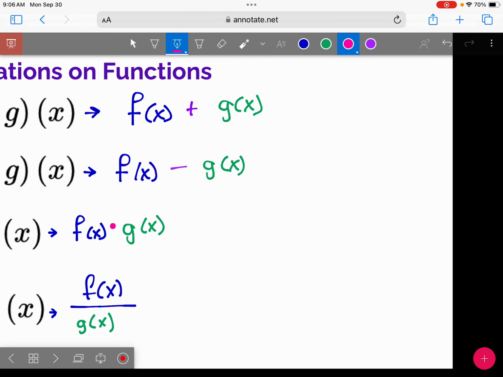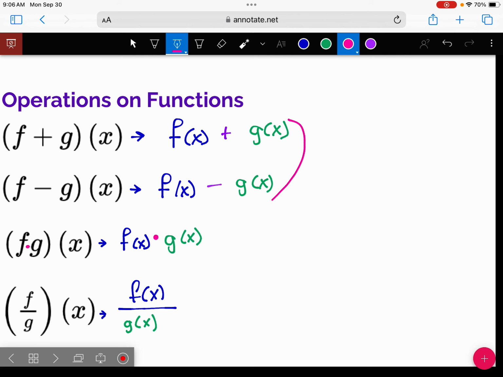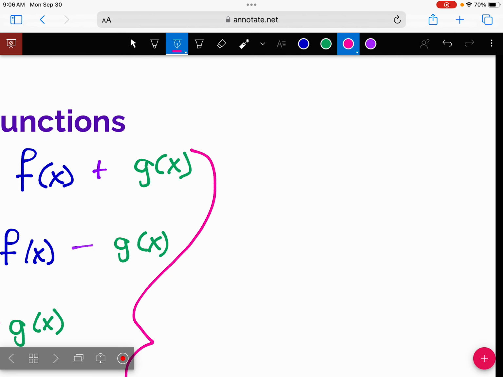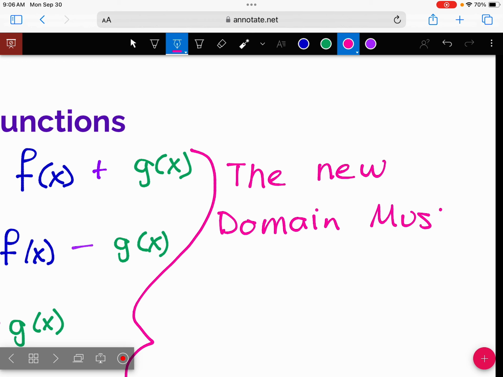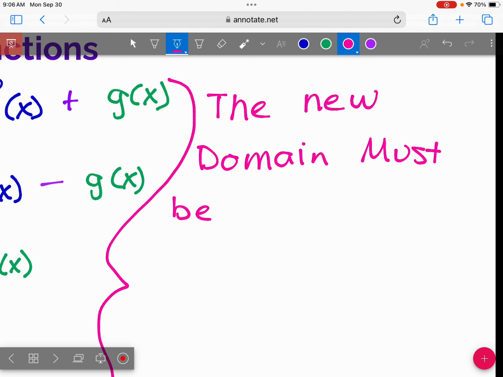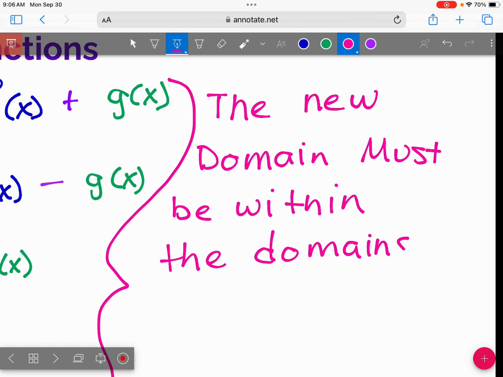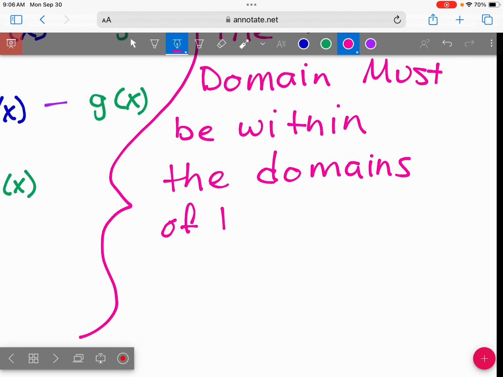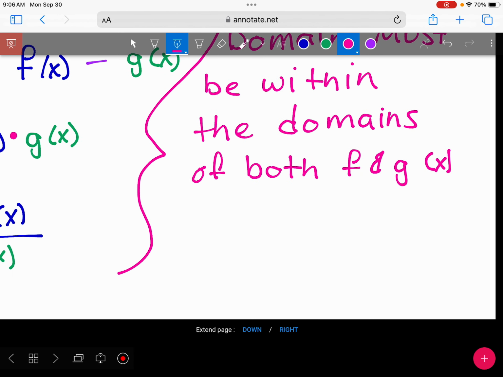So to find the domain of these operations, the new domain must be within the domains of both f and g of x, and still hold true.